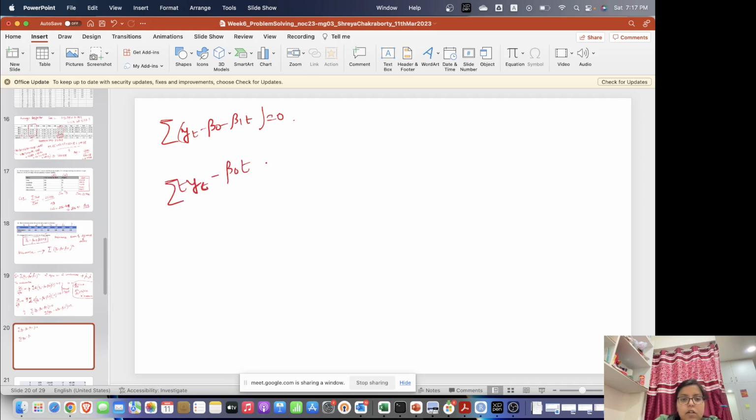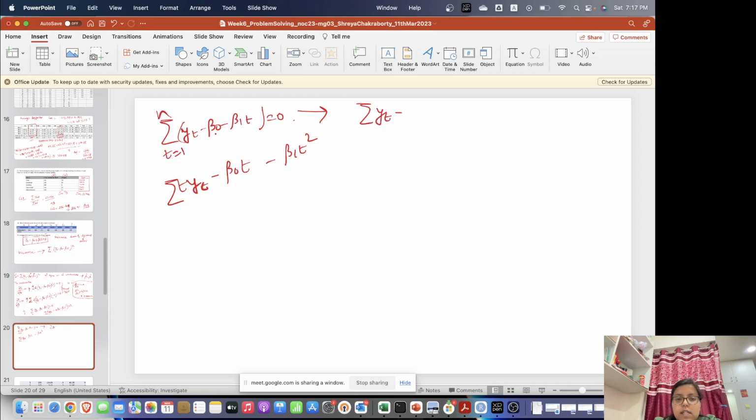Y_t minus beta naught minus beta 1 t squared. So if we separate this equation, we can write summation y_t minus, let t run from 1 to n.